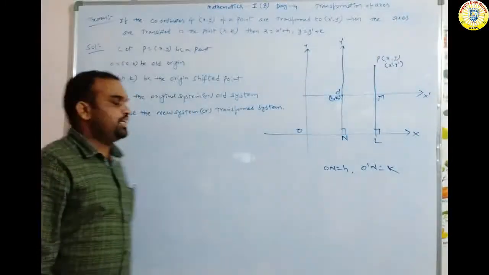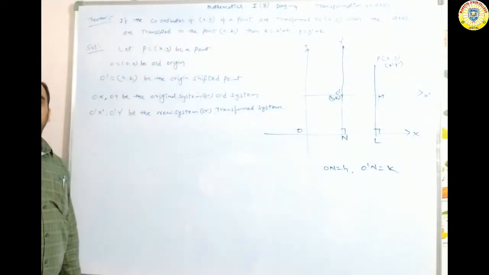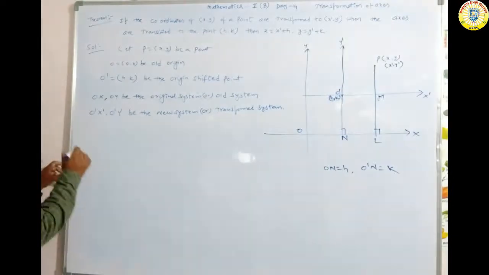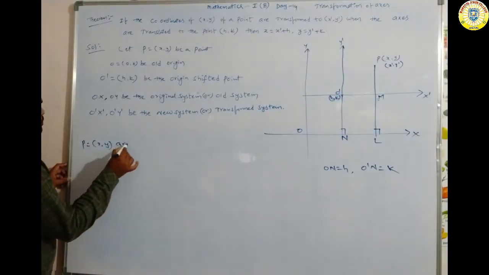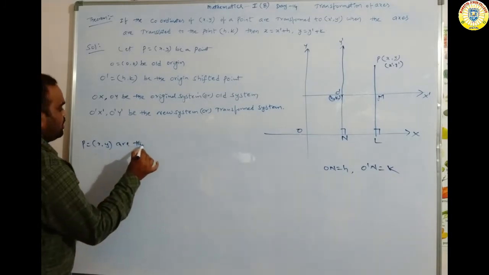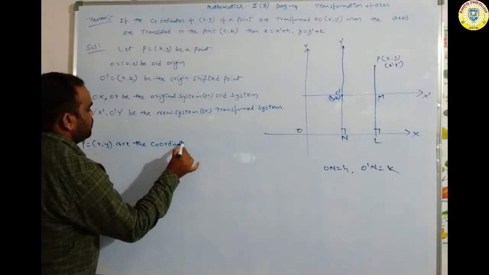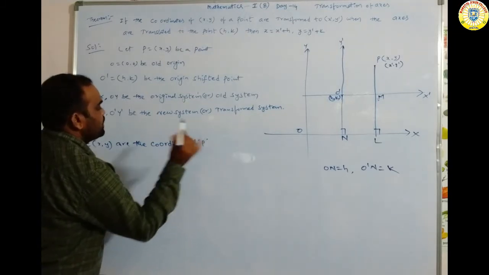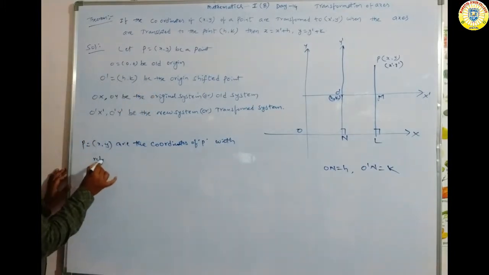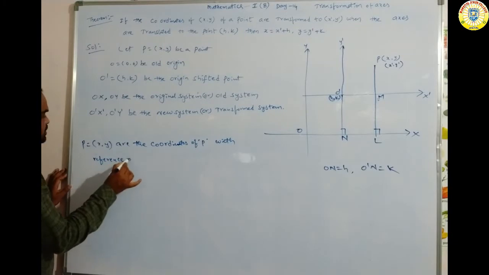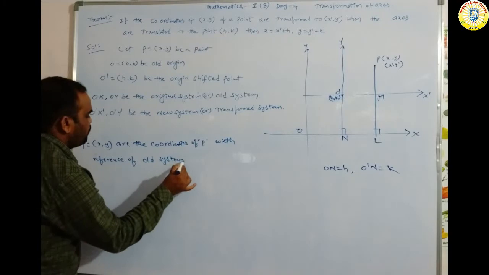Now see here. We write P is equal to x comma y as a point. Here P is equal to x comma y are the coordinates of P with reference to which system? With reference to the old system.